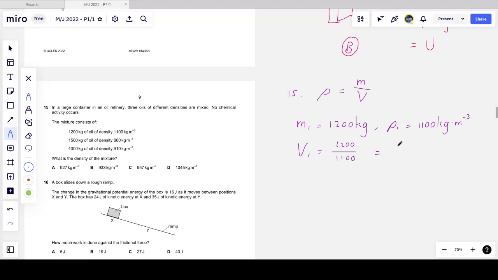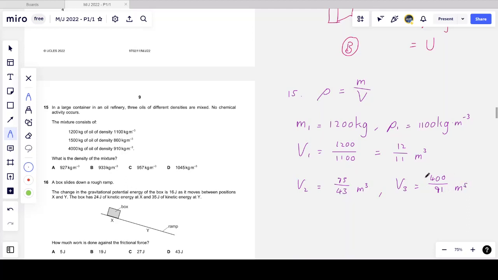And so I can just leave it as is. In simplified form, 12 over 11 cubic meters. Aha! I can now do the same for V2 and V3. And I get the volume of the second type of oil to be 75 over 43 cubic meters, just leaving my answer as a fraction. And V3 is 400 over 91 cubic meters.